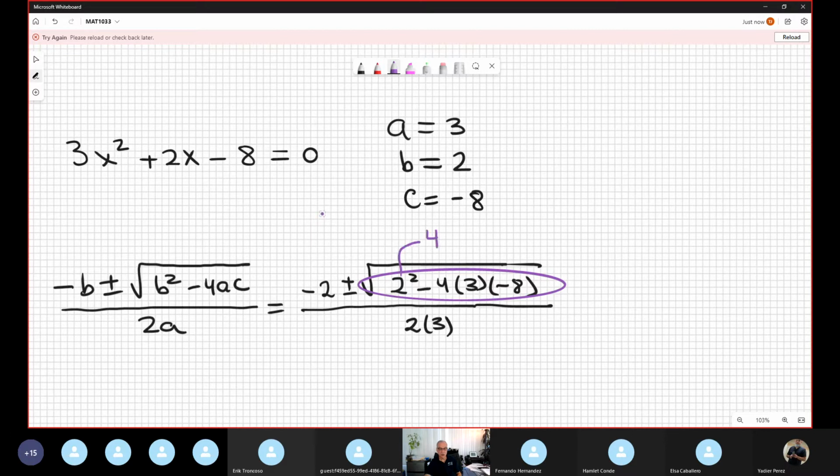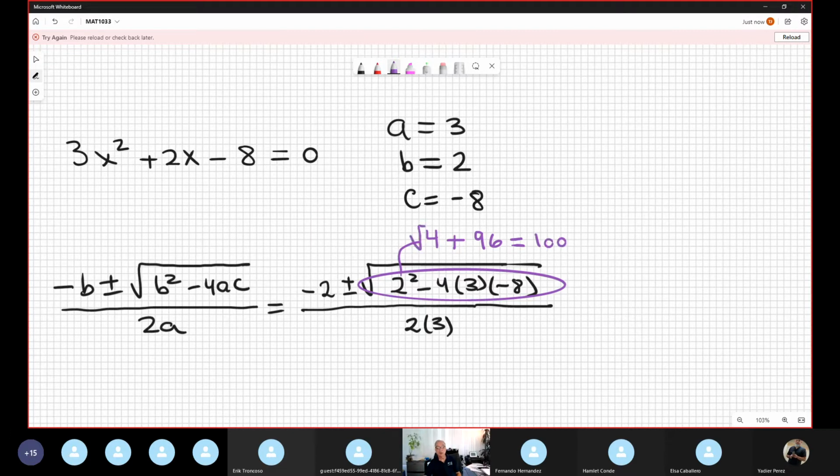This is 2 squared, get 4. And this is plus. How do you know to get plus? Minus, minus, 2 minus, right? And you multiply. 4 times 3 is 12, and 12 times 8 is 96. Plus 4 is 100.